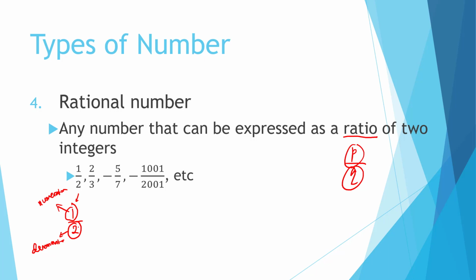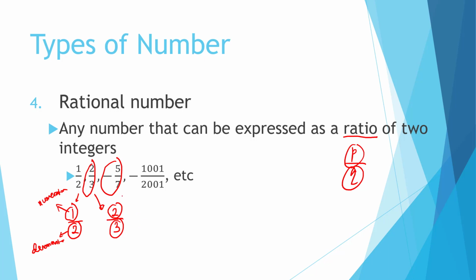If both of them are integers, then we can say that this is a rational number. Another example, we have 2 over 3, 2 compared by 3. It's the same thing as a ratio. Because this is an integer and this is an integer, we can say that it is a rational number.